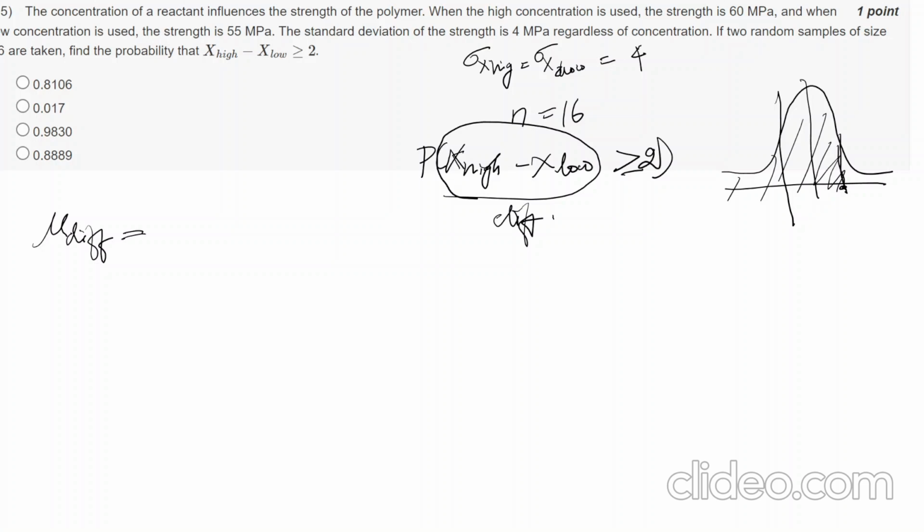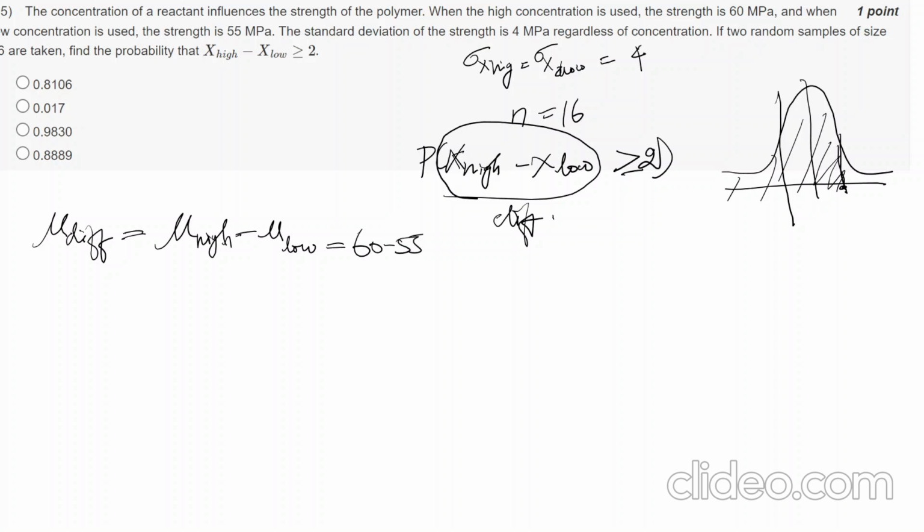Since both are normally distributed, that is the assumption, we can do this subtract arithmetic operation here.